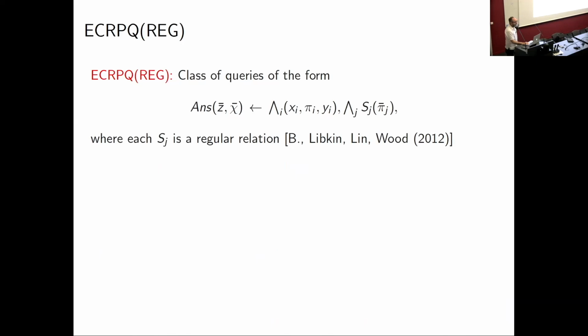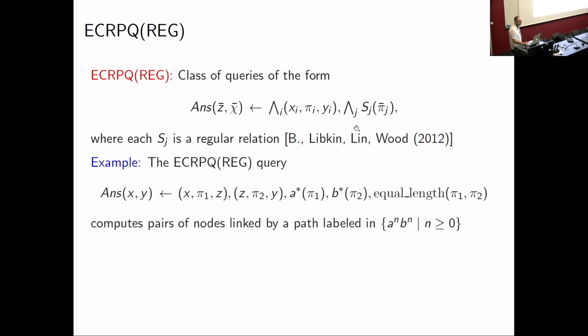So what we did study was the class of queries that are of this form. They take conjunctions of atoms, and then we can check whether some tuples of paths satisfy some regular relations.